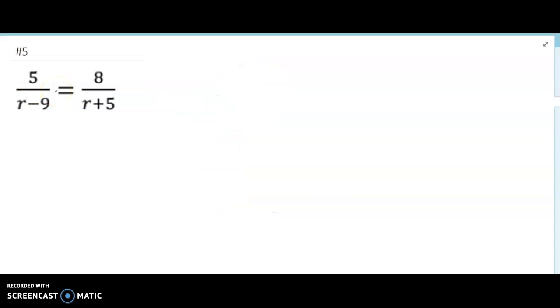All right, let's look at number 5 now. Now you have 2 things that are more than just a single number, a single variable. So once again, I'm going to make sure I put parentheses around both of these. Okay, so I'm going to circle diagonally.